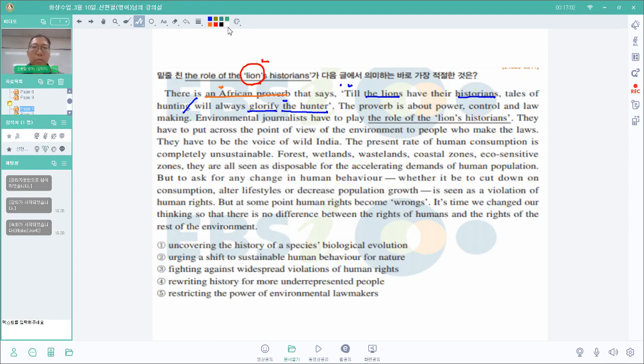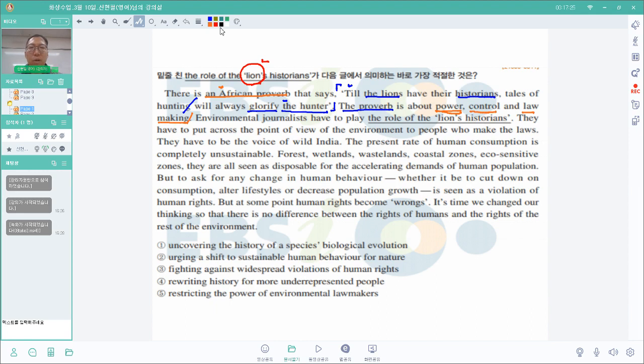So this famous African proverb is about power. It is talking about how power works in human society, or how power works in our world, who controls the world, and who controls the law making in our environment.